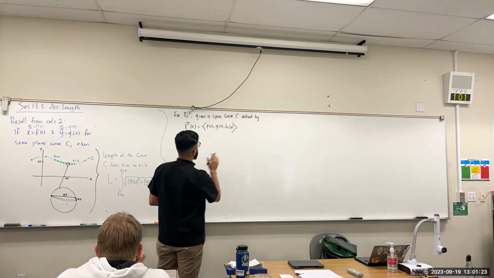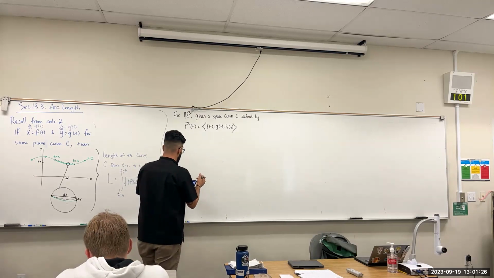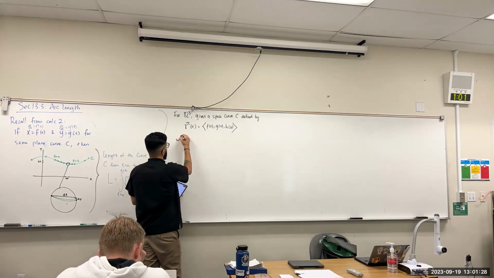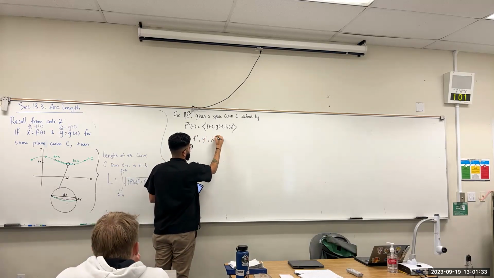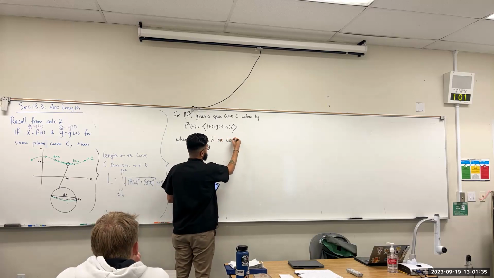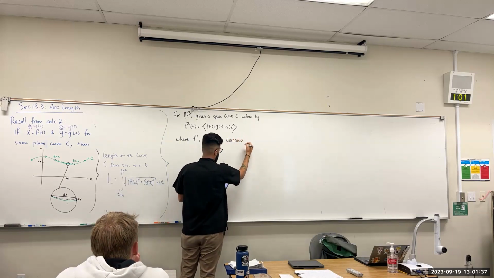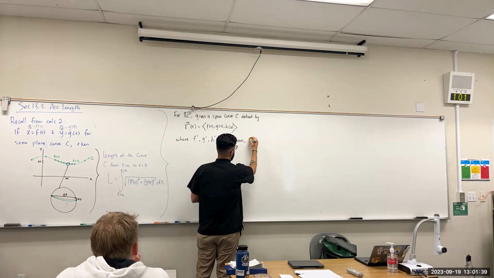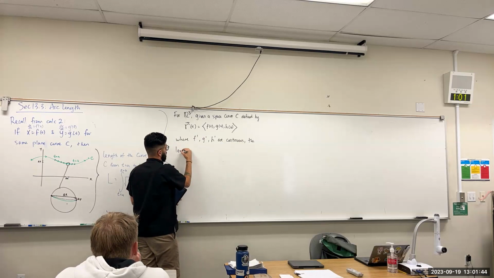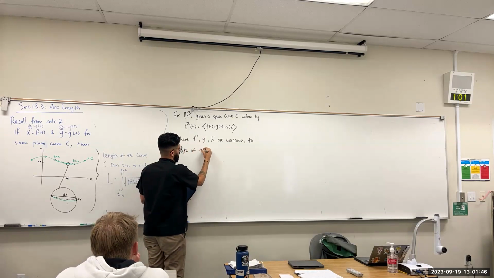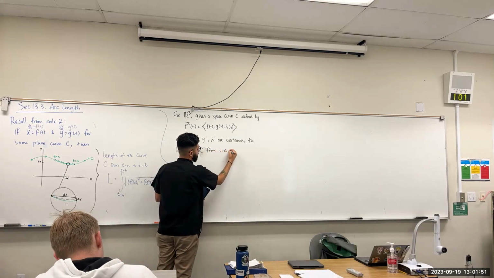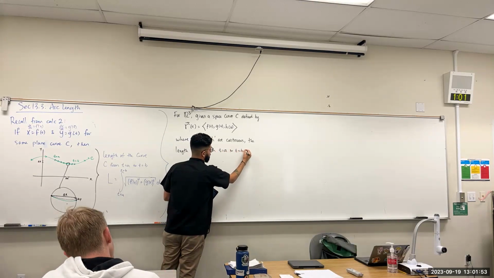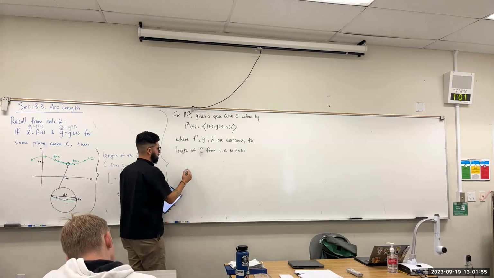So given a space curve C defined by this vector function, where f prime, g prime, and h prime are continuous, the length of C from t equals a to t equals b is going to produce a very similar result.